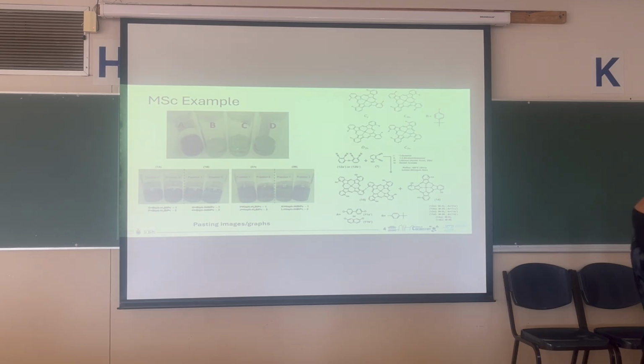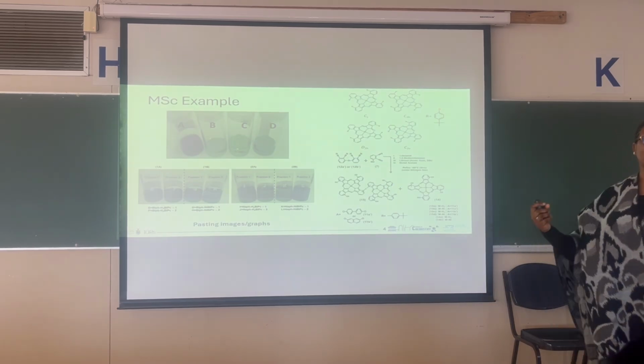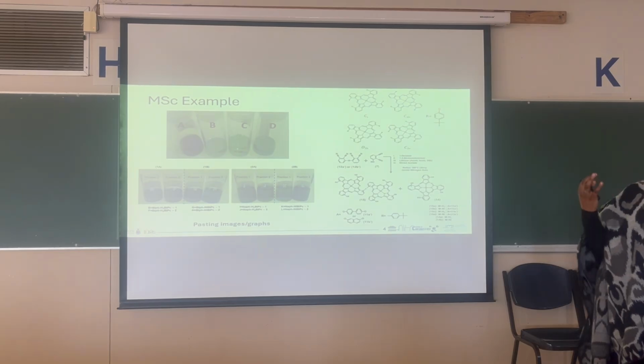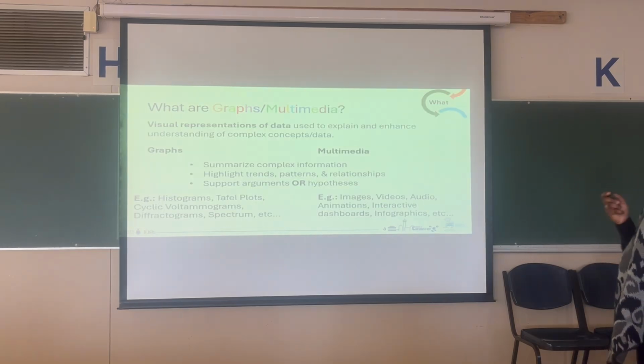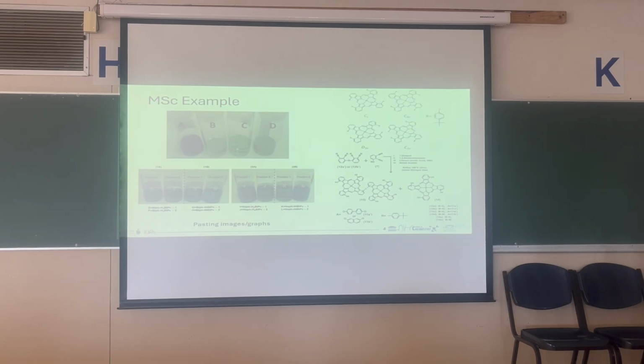Show us why, show us why. And that's when I started to take pictures, and when I was presenting, those are the pictures I was then trying to show in order to support my argument and the hypothesis I was putting forth, that column chromatography can work in this instance based on the method that I was using.